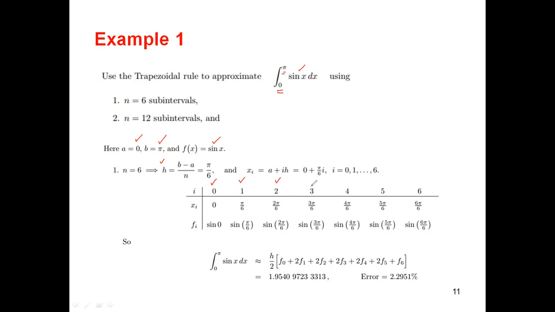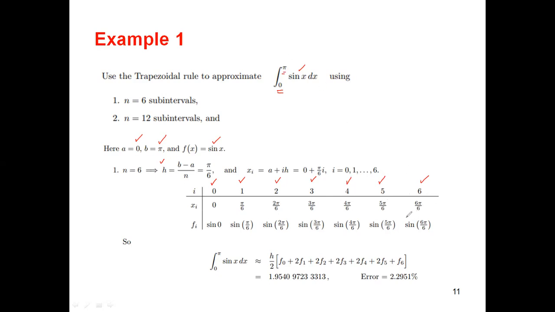You do the same. From 2 pi over 6, you add another pi over 6, that would be 3 pi over 6, and that would be pi over 2. This one would be 4 pi over 6. This one would be 5 pi over 6, plus pi over 6, that would be 6 pi over 6, or that would be your pi. You stop now because you have already reached the nth value, and you have reached as well the upper limit, which is pi.